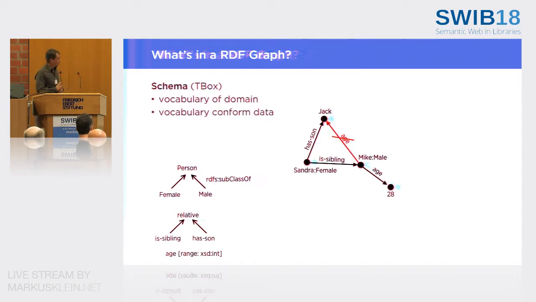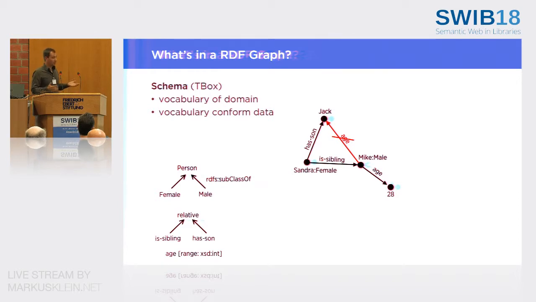And what we typically do is that we try to make the data conform to the schema vocabulary. So there should never be an age edge between two resources in your data, because that's the relationship that adds a link between a node and an integer.